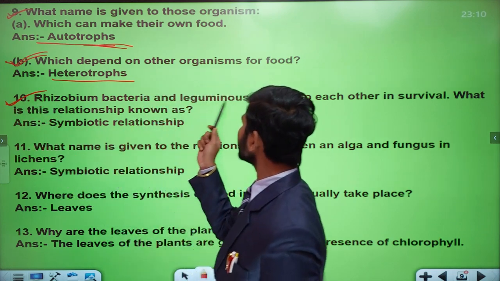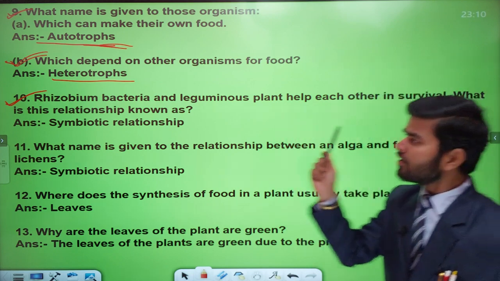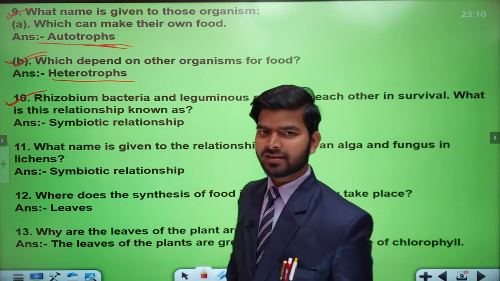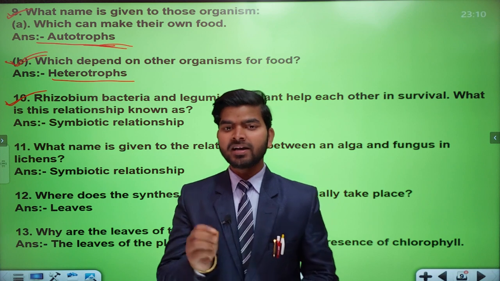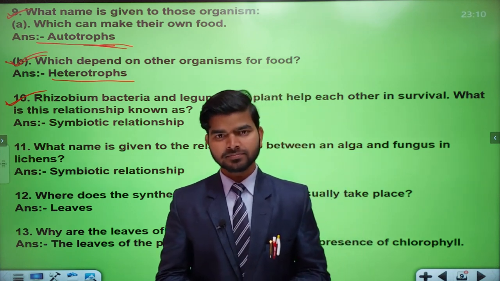The next one is: rhizobium bacteria and leguminous plants help each other in survival. What is this relationship known as? Do you have any idea? I have given the concept of symbiosis, yes or no? Obviously, yes.